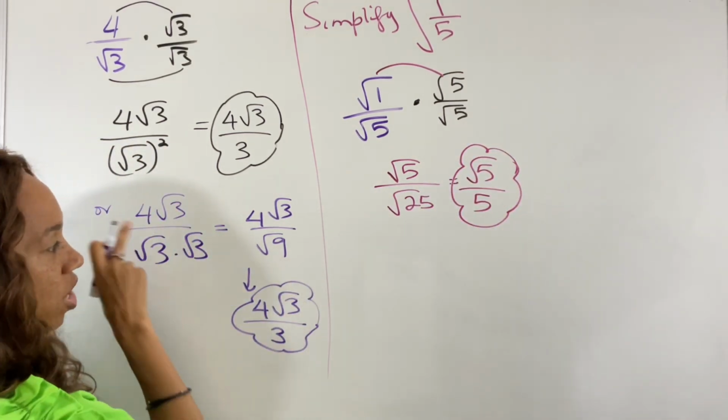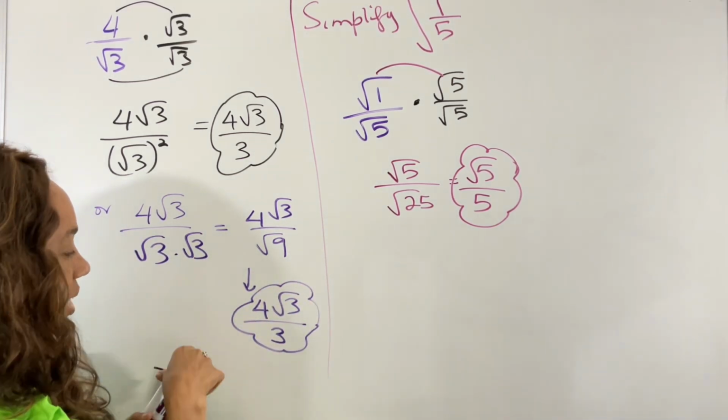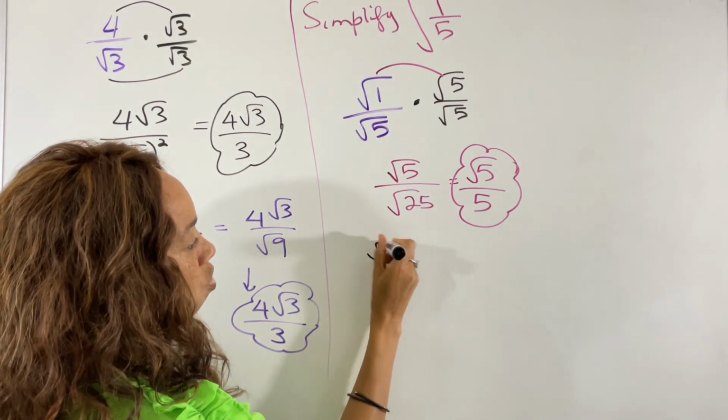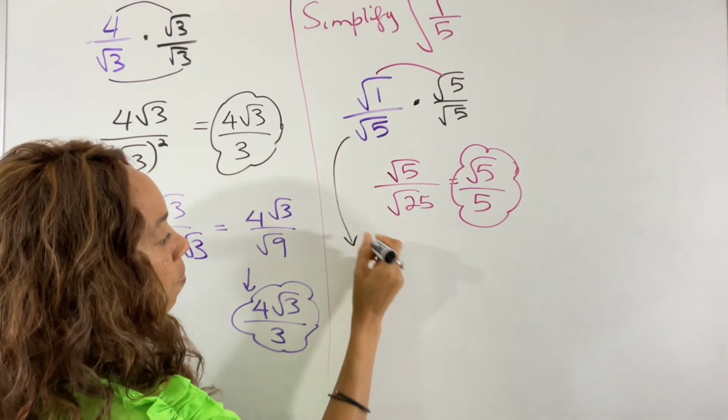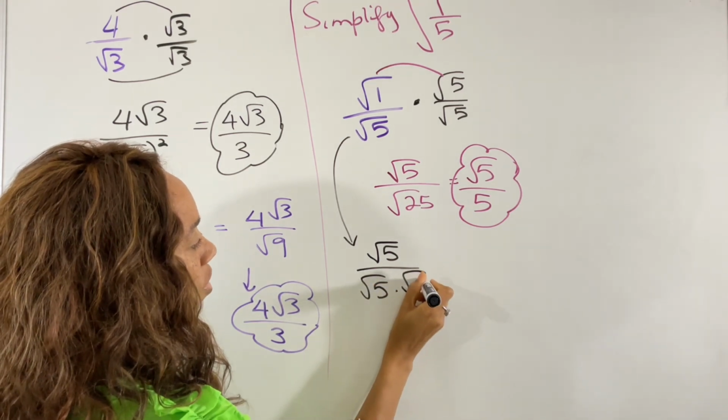You can also do it this way: you end up with radical 5 from the numerator over radical 5 times radical 5.